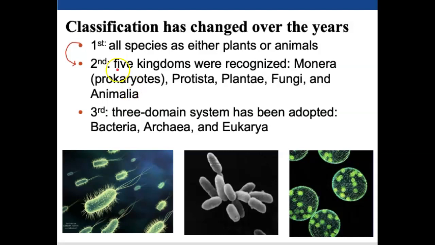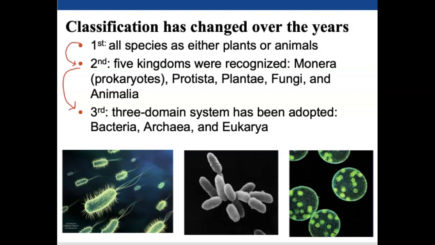But then eventually, and this is back in the early 70s, this was proposed by a man named Carl Woese. He was in Champaign-Urbana, University of Illinois there. He proposed the 3-domain system back in the 70s, and it took about 25 years for it to really gain traction and become firmly established.